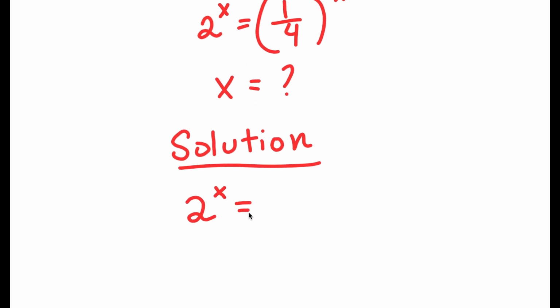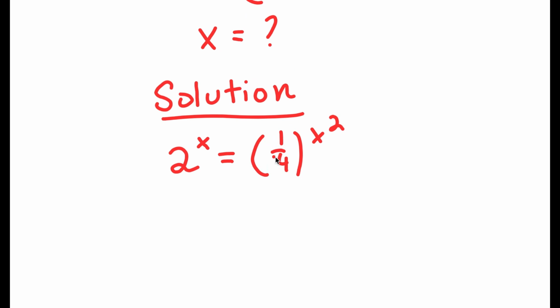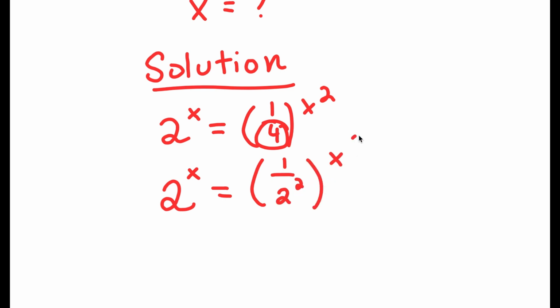So I have 2 to the power of x is equal to (1/4) to the power of x squared. And now I'm going to first start by rewriting 4 here as 2 squared. So now I have 2 to the power of x is equal to (1/2 squared) to the power of x squared.